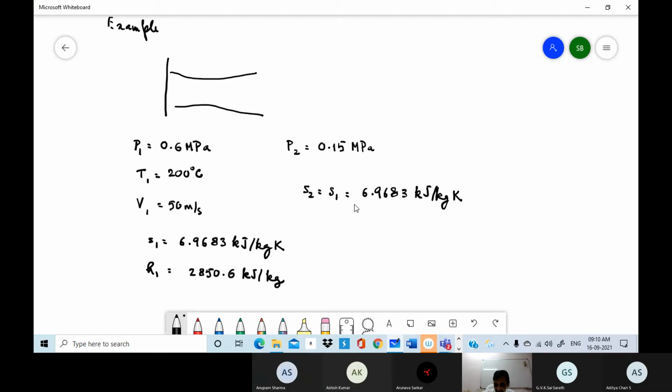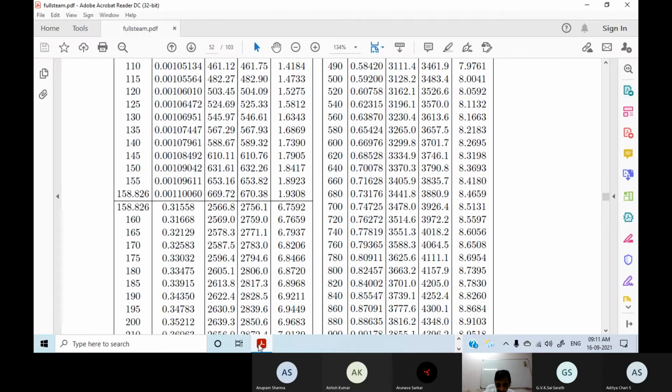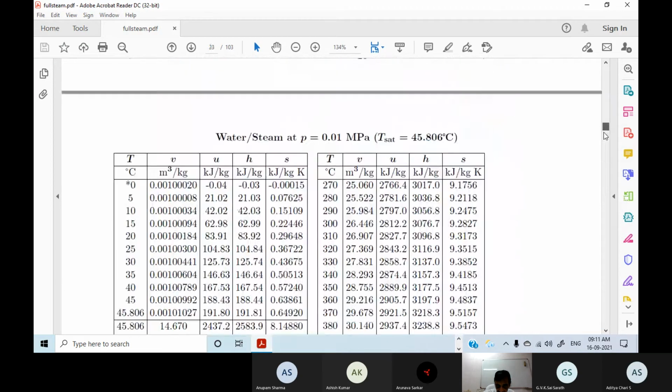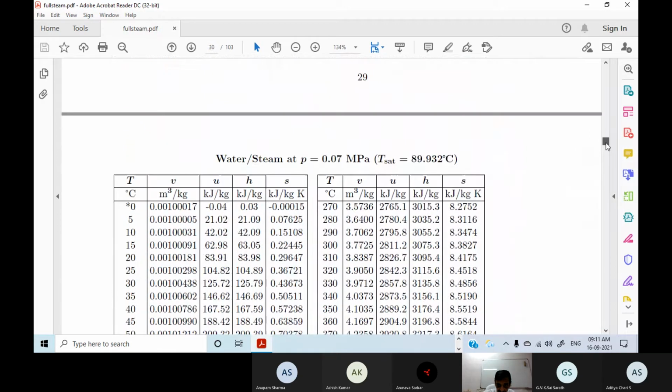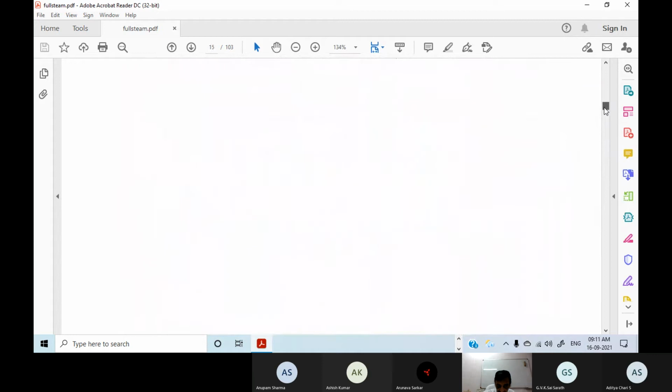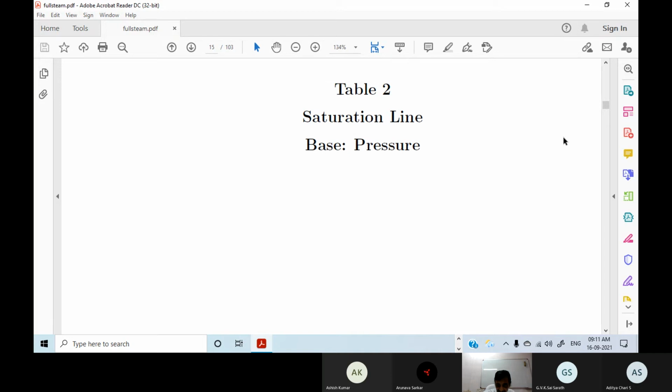values of entropy for saturated liquid and saturated vapor at this pressure. So this is the saturation table. These are properties of saturated liquid and vapor, the pressure based table.